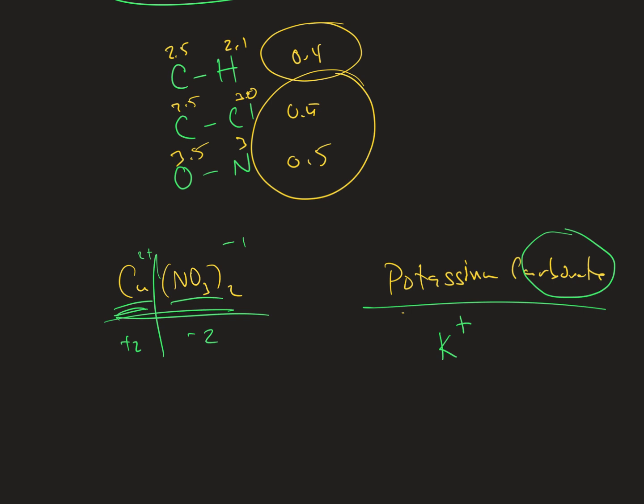And it's in group 1, so it's K plus. What's the formula for carbonate? CO3 2 minus. Now what do we do? Cross the charges and simplify. K2CO3. Do we need parentheses around CO3? No, because there's only one of them.